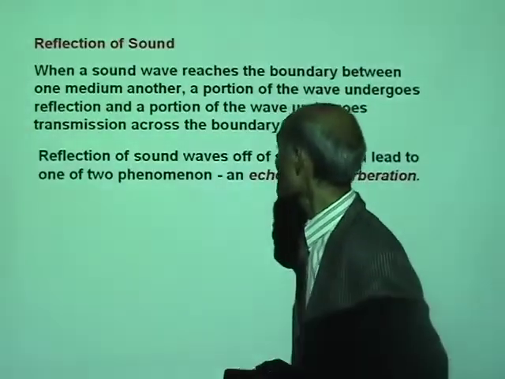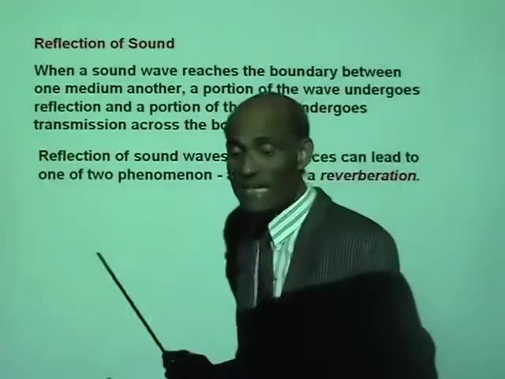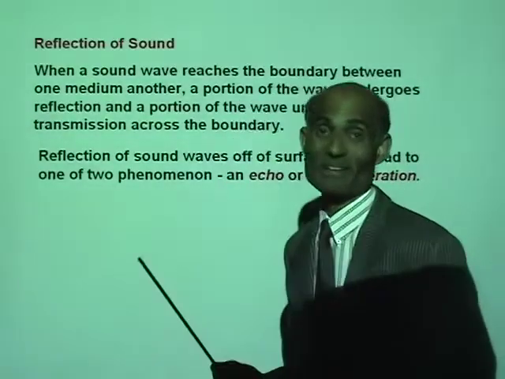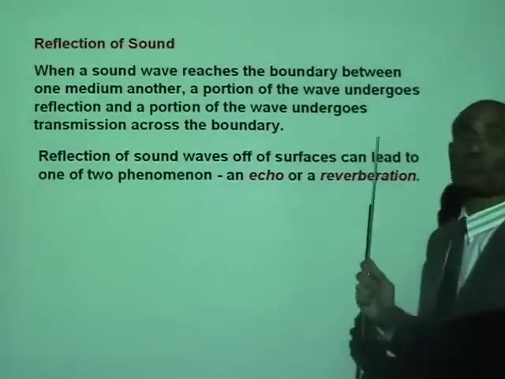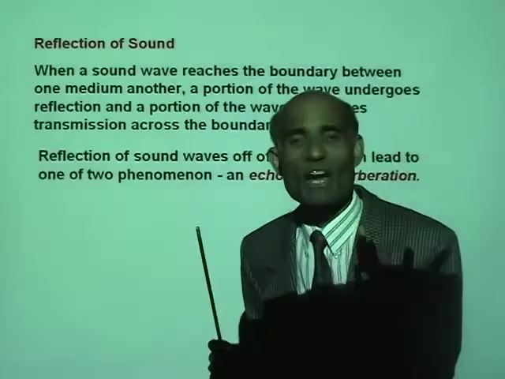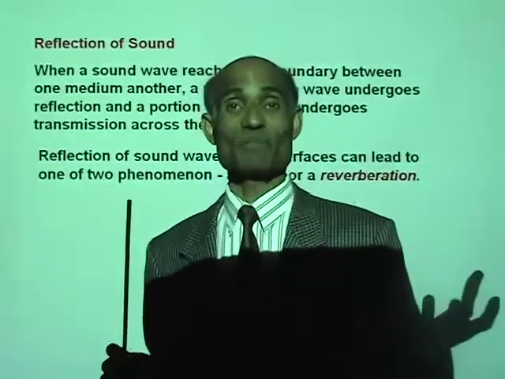Now, reflection of sound waves off surfaces can actually lead to two phenomena, and these are echo and reverberation. What is an echo? Have you ever heard the echo of your own voice?